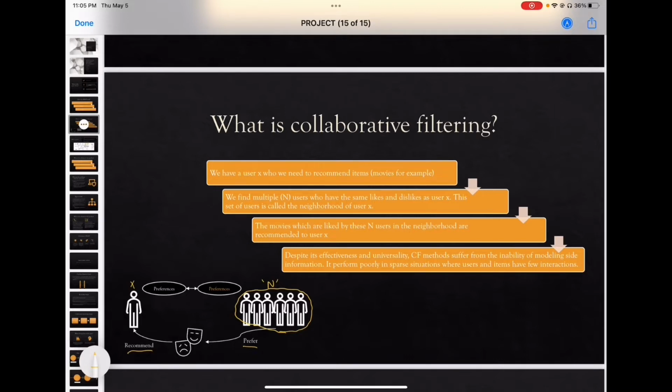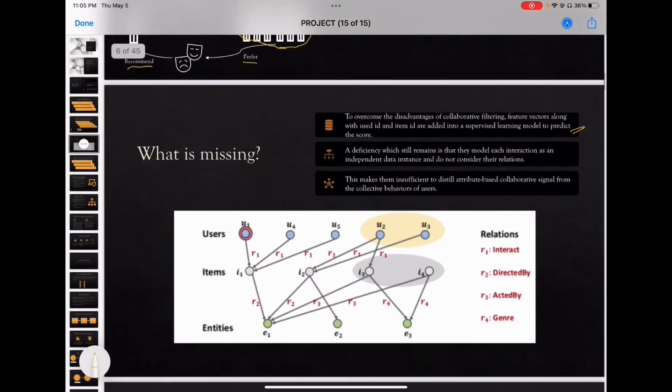Sparse situations are when, suppose, user X has not liked or rated any movies on Netflix. In that scenario, Netflix does not have any information about the likes and dislikes of user X. So, this is something which will be missing.